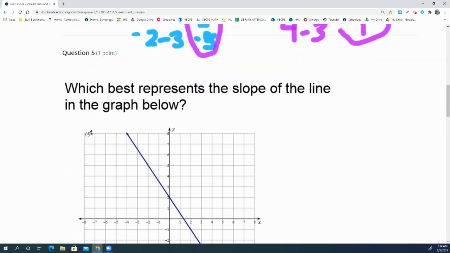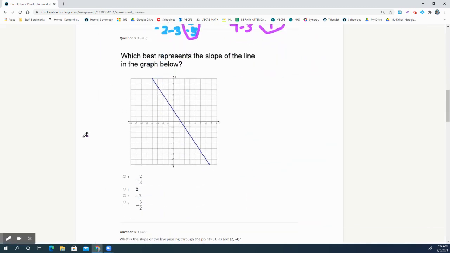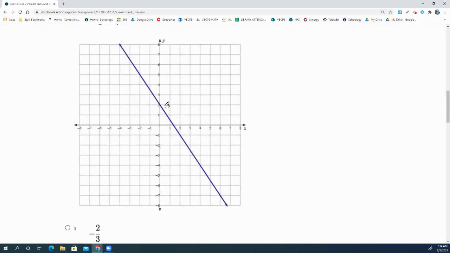Okay. Question number 5. How do I find the slope if I'm given a picture? You got to find good points. So this is a good point because it has a vertical line, a horizontal line, and a diagonal line, right? So that's a good point. And if I keep going up here, that's a good point. And that's a good point. I can go down because this is a negative slope and find a point and a point. You got to find those good points where a vertical line, a horizontal line, and a diagonal line all meet.